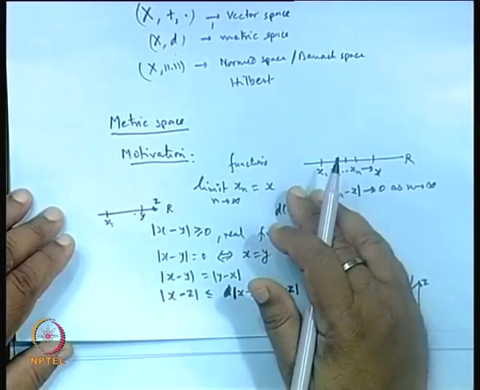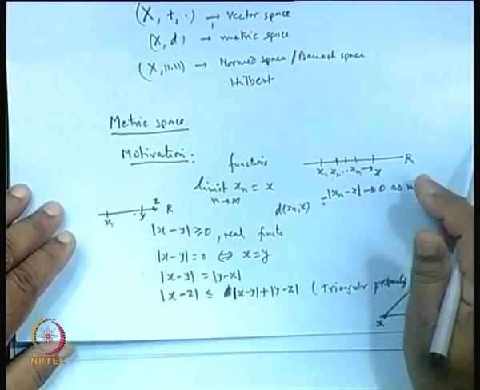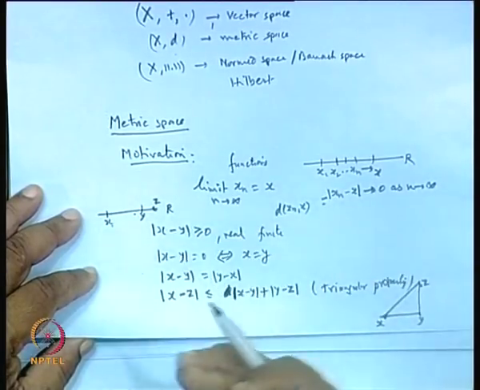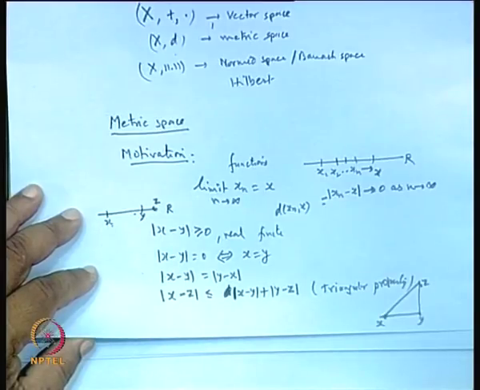Let us take X to be an arbitrary set where the elements may be real numbers, complex numbers, or functions. It may be a bounded function, even an infinite sequence like this.